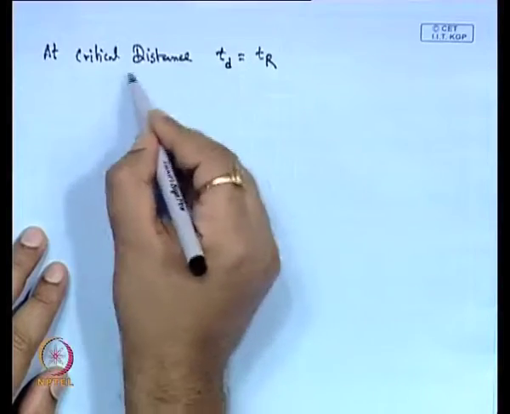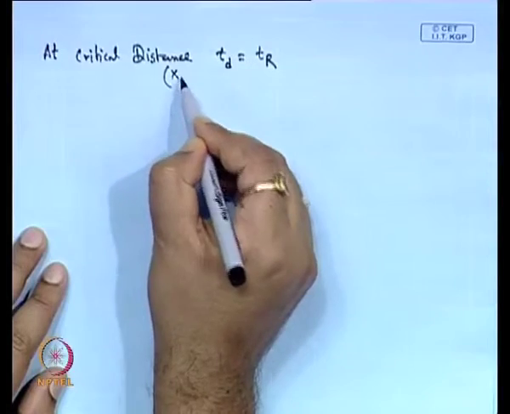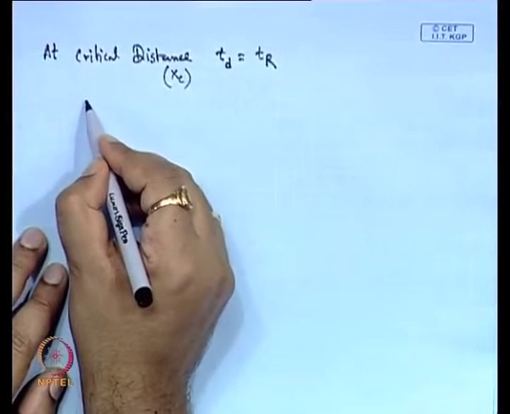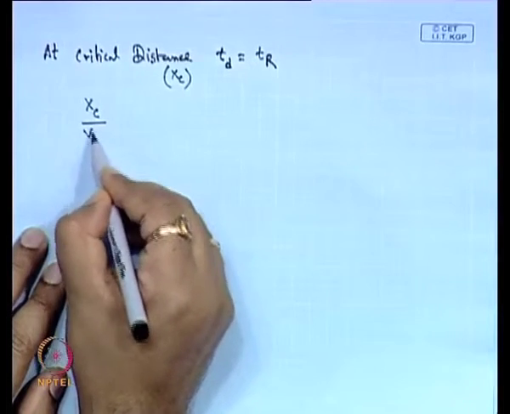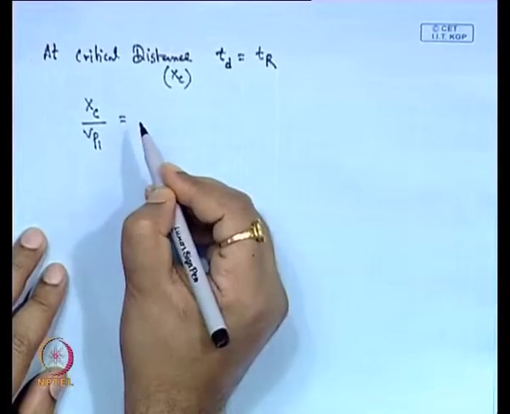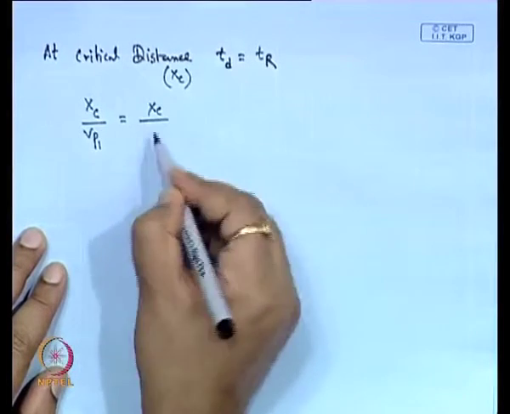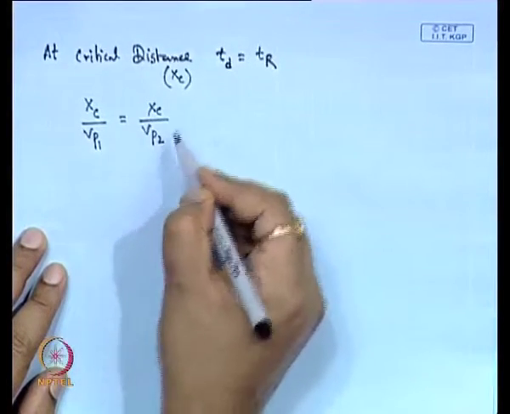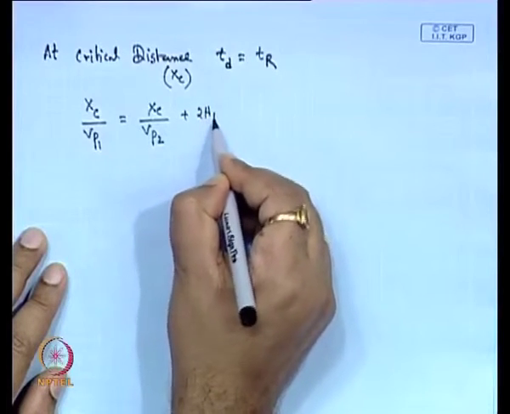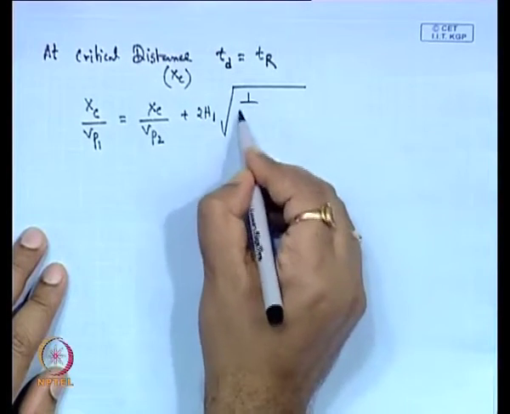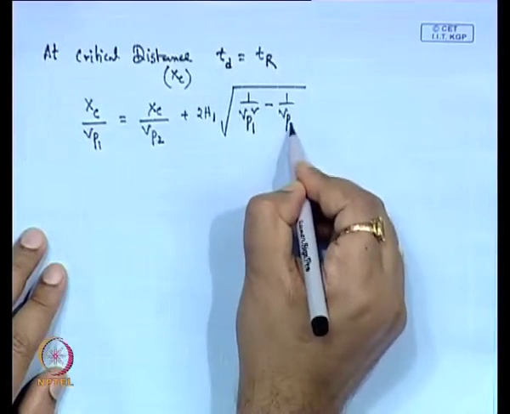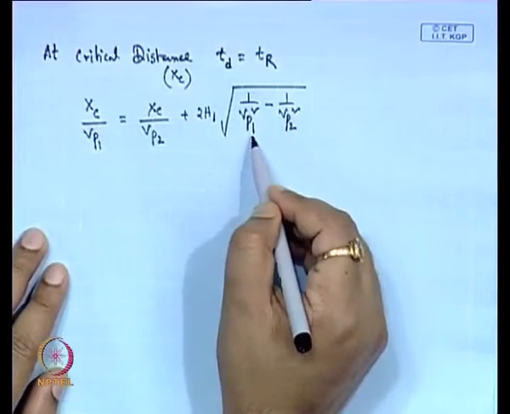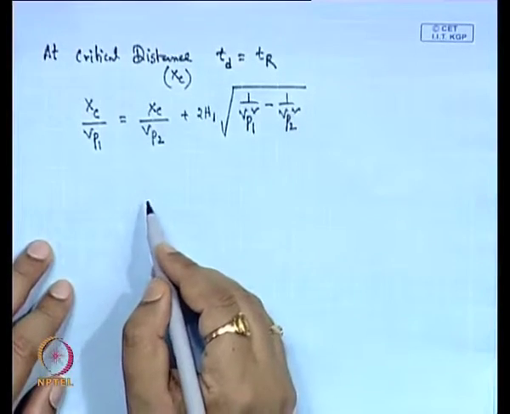So, now if we put this expression, at the critical distance, this is our x c. So, at x c distance, x c divided by V p 1 will be equal to x c divided by V p 2 plus 2 H 1 root over 1 by V p 1 square minus 1 by V p 2 square.